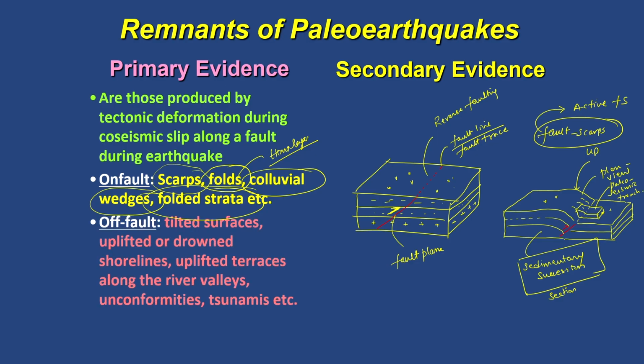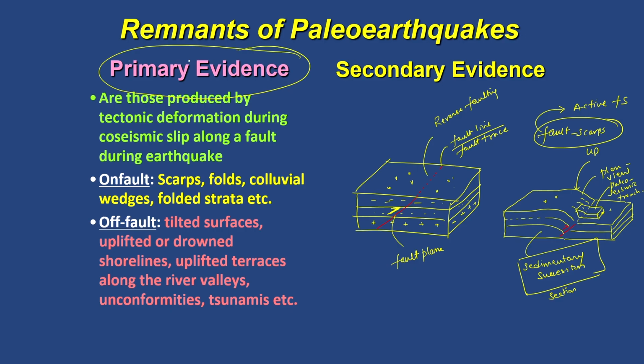Further, off fault, we are still talking about the primary deformation during the co-seismic slip. Off fault, that is away from the fault, we will see tilted surfaces, and mainly we can see fluvial terraces which are getting tilted, or alluvial fan surfaces.